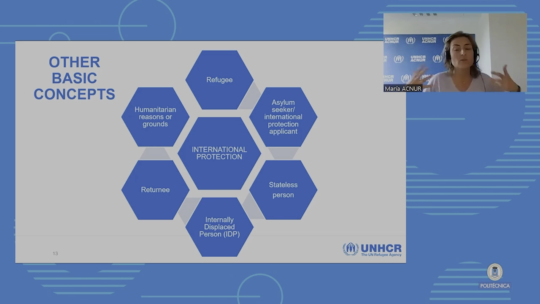We can find situations of what we call sur place refugees, prima facie refugees. That's when, for instance, a country neighboring a conflict sees the arrival of nationals of that country in conflict.